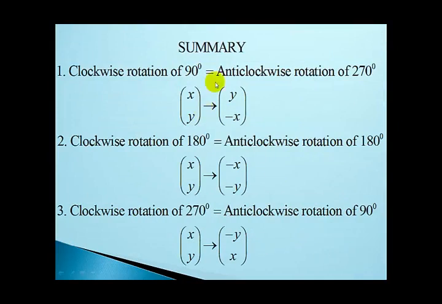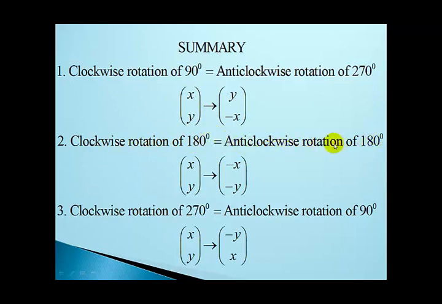Now let's take a look at the summary. 1. Clockwise rotation of 90 degrees is the same as anti-clockwise rotation of 270 degrees. That is, it has the same mapping, xy maps to y minus x. 2. Clockwise rotation of 180 degrees is equal to anti-clockwise rotation of 180 degrees.